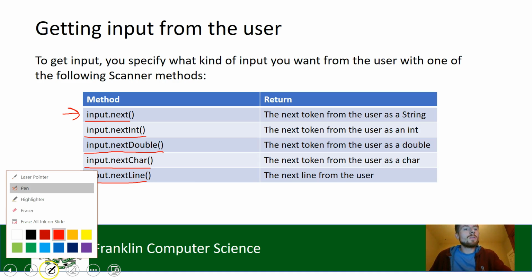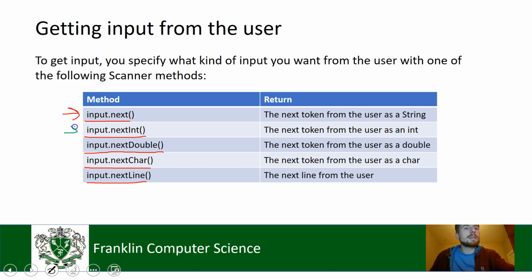Another common one is input.nextInt, which is going to grab the next int from the user. Now if you're trying to get an int and you type in some other text, the program is actually going to crash. There are tools for handling that error that might come up if the user types in something you're not expecting. Later on down the line, we're going to talk about robustness.